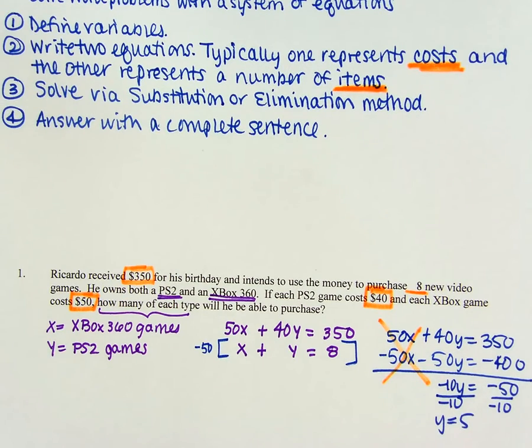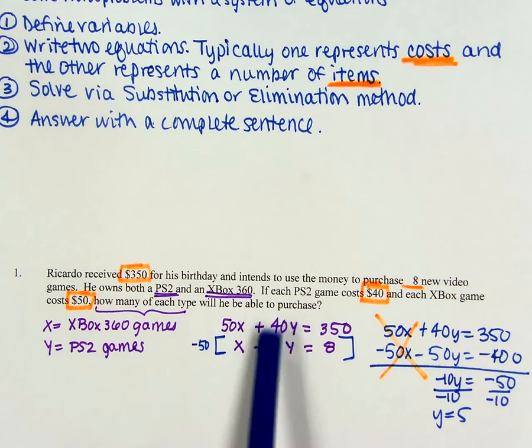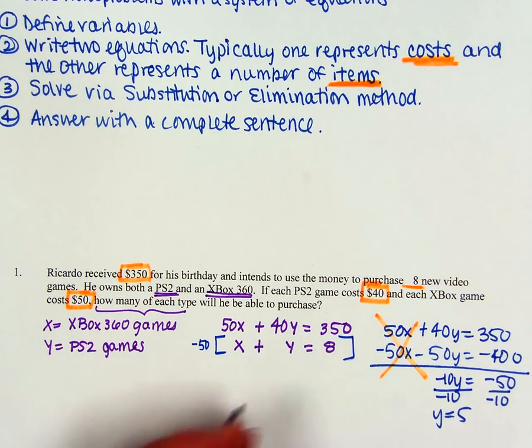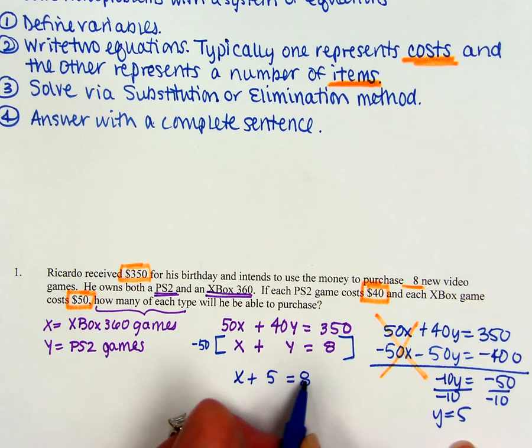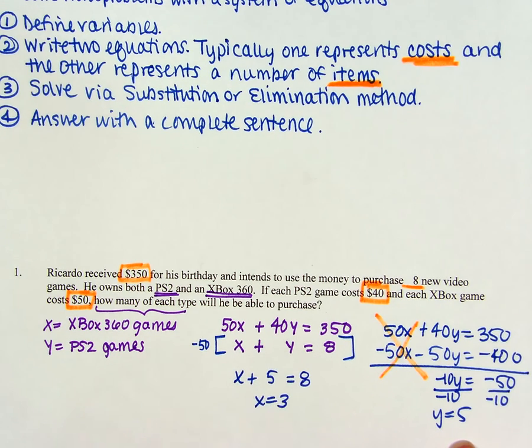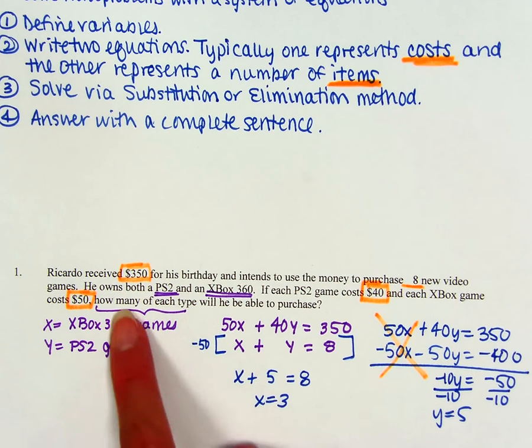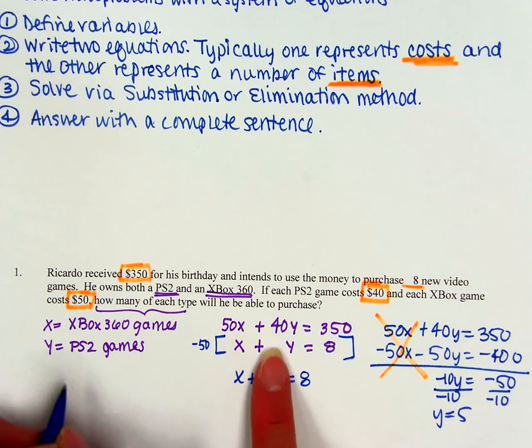So you can substitute this back into any of the equations, but if you look at which one's the easiest, the one that has the least amount of numbers in it is right here. X plus y is 8. Well, that means that x has to be 3. All right, but now that I have these answers, I don't want an ordered pair. That was good when I was dealing with just lines. But here I want to have a sentence. How many of each type will he be able to purchase?